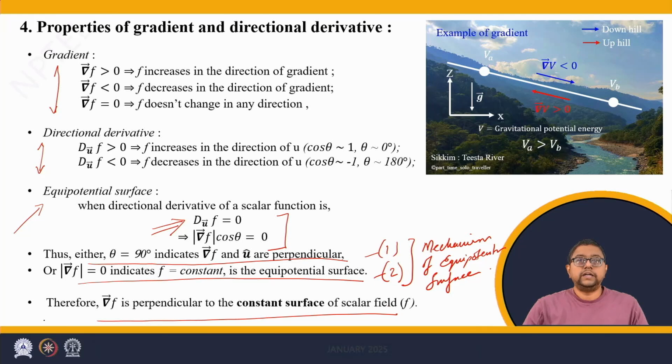Thus, the gradient of f is always perpendicular to the constant surface of a scalar field.